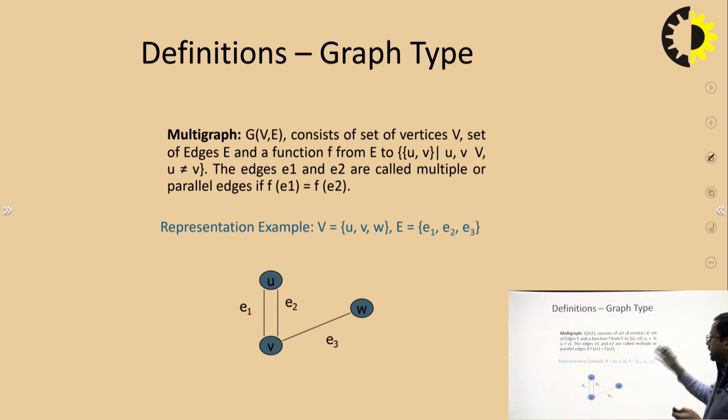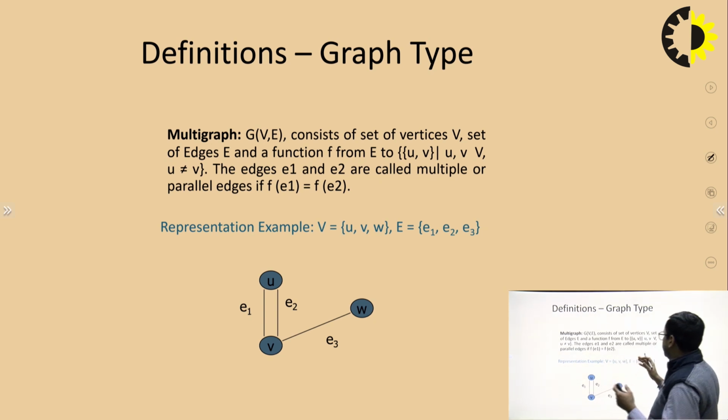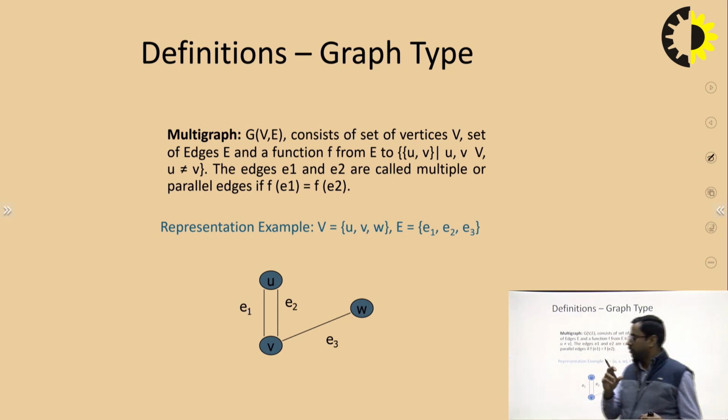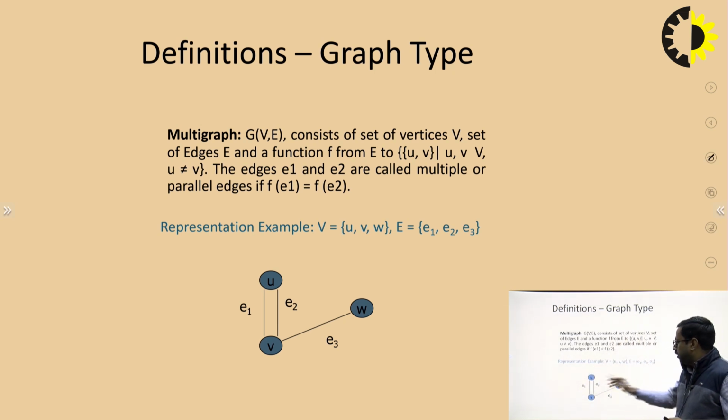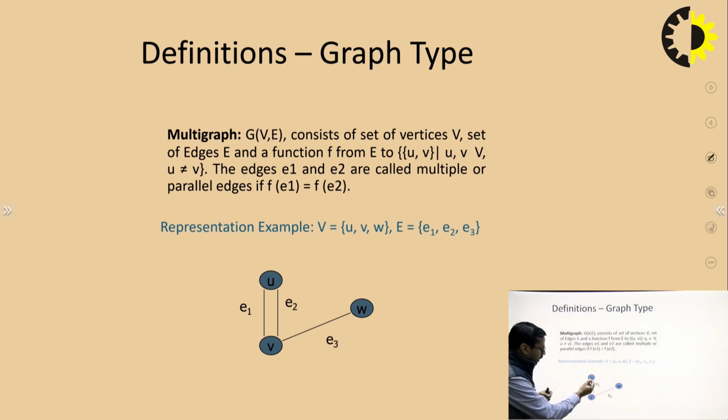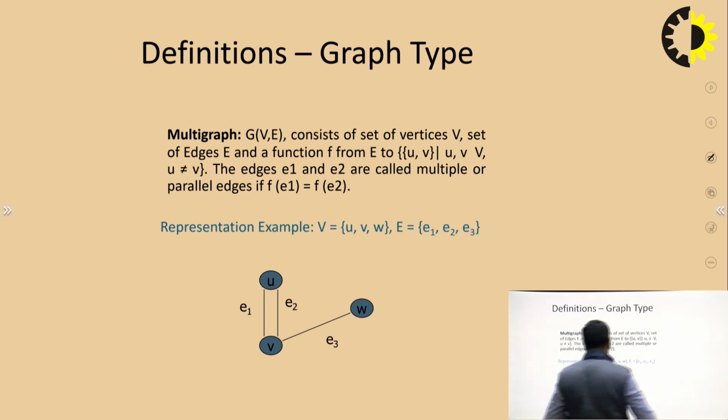The set of vertices and set of edges are associated in such a way that there is more than one connection between two points at least. Here in this graph, two vertices u and v are connected by more than one edge. So it is the multigraph concept.